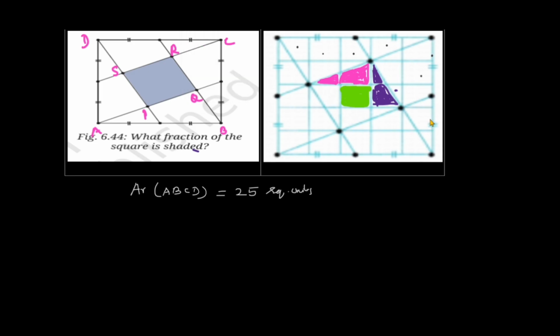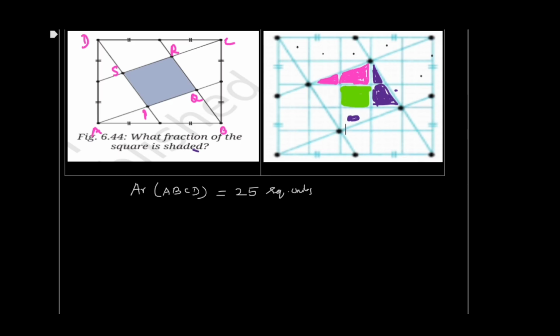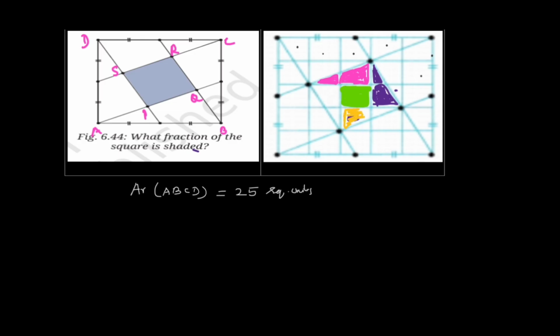Now look at this one. This is the next portion. So the leftover is shaded here. So this is the fourth square.